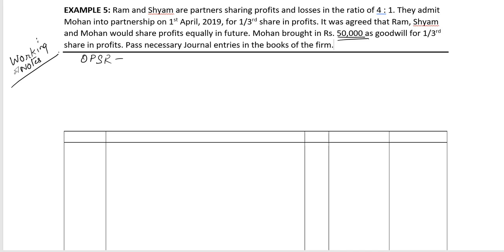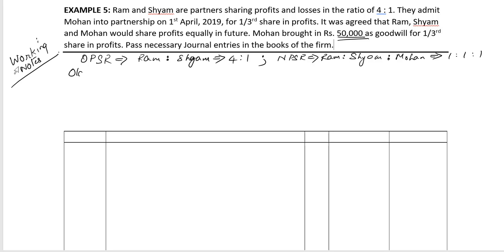Old profit sharing ratio between Ram and Shyam is given as 4:1, and new profit sharing ratio between Ram, Shyam and Mohan is equal, so it's 1:1:1.